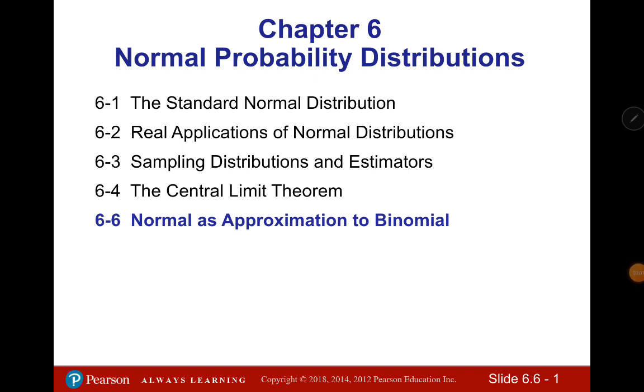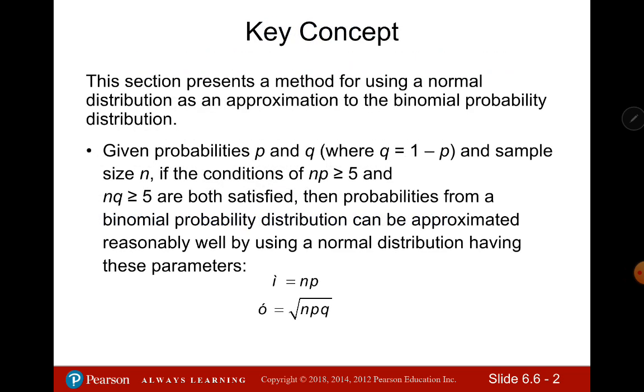The last section in chapter 6 is about how to use a normal distribution to estimate or approximate a binomial distribution. So we know the normal distribution is continuous, remember?